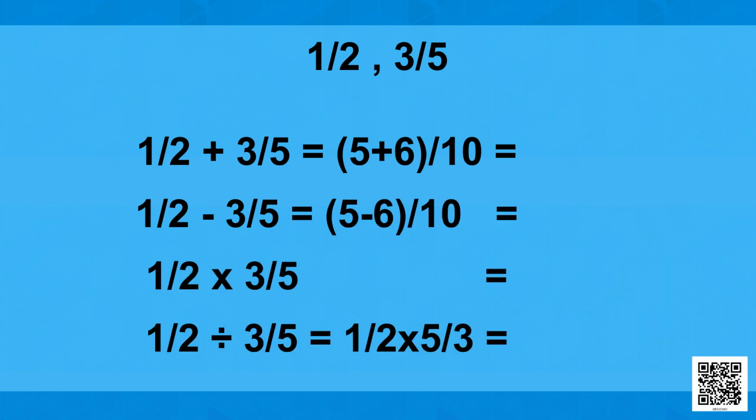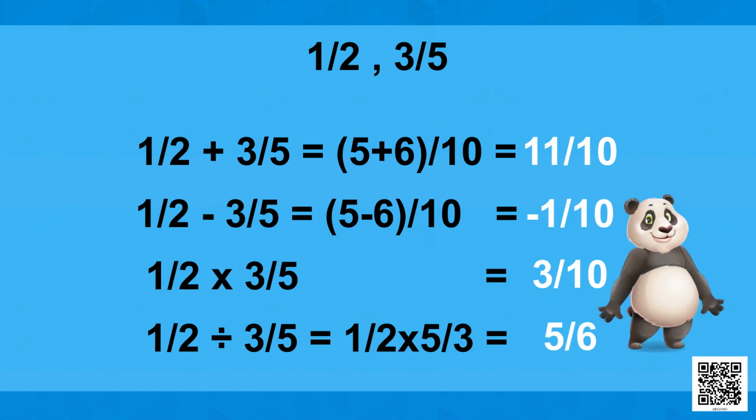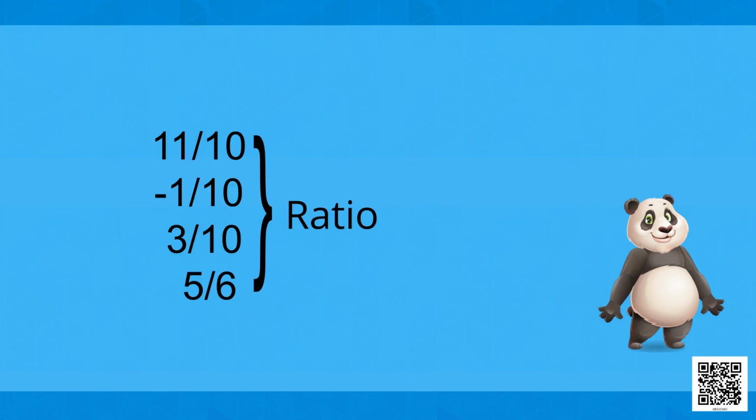When Gillu did these operations, he got these answers. On addition, he got 11/10. On subtraction, -1/10. On multiplying, 3/10. And on dividing, 5/6.